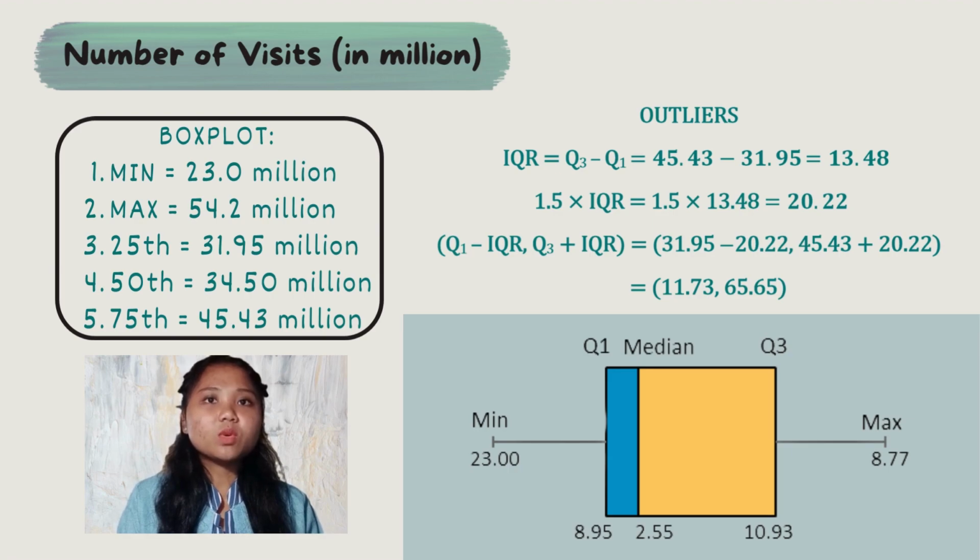Thus, any value smaller than 11.73 or larger than 65.65 is considered an outlier. Looking at all of the values, we can see that 23.0 million is larger than 11.73 and 54.2 million is smaller than 65.65 million. So, there are definitely no outliers for both lower and upper limits.